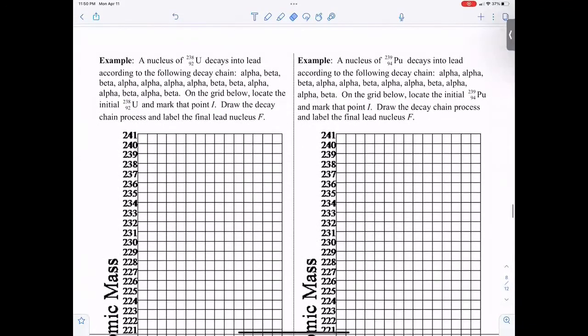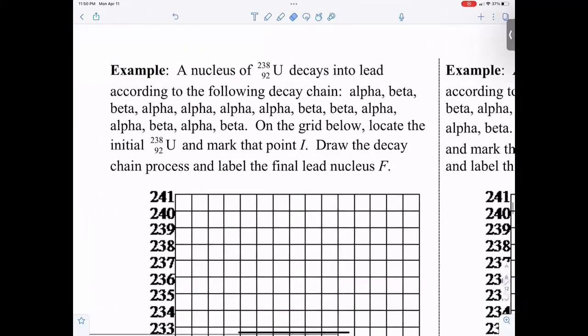Okay. So in this example, we have uranium-238, and it's going to decay into lead using the following decay chain. The first one, and we're going to do these in different parts here. We're going to have an alpha followed by a beta, beta, alpha, alpha, alpha, alpha, beta, beta, alpha, alpha, beta, alpha, beta.